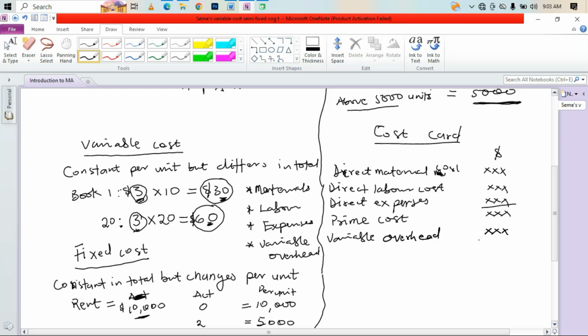So when we add our variable overhead, then we have our total variable cost, because all those costs are variables. Then we have our fixed cost.